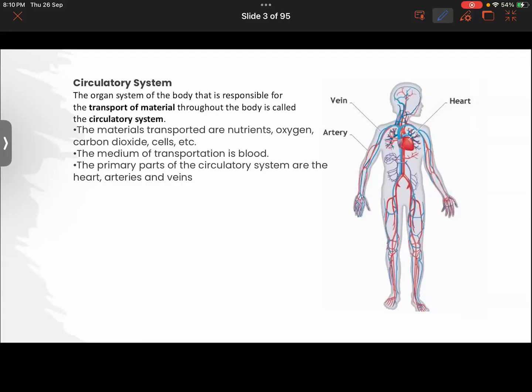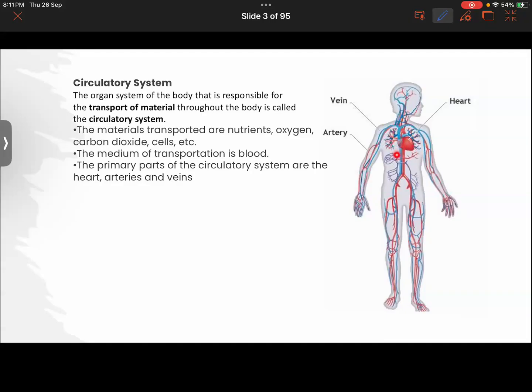So if one thing has to be transported from one place to another, it will be via the network of roads. Similarly, the blood will be pumped by the heart, and each and every cell in the human body requires blood, because blood carries all the necessary requirements, like nutrients, oxygen, and other things that flow inside the body. Getting it, guys?